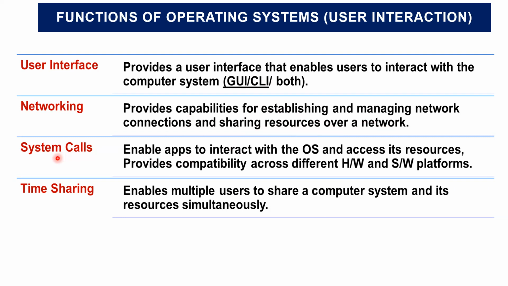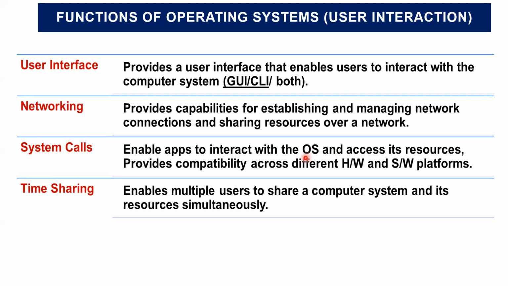Then come the system calls, and system calls are used by applications in order to request services from the operating system. By using the system calls, applications can interact with the operating system and access its resources.